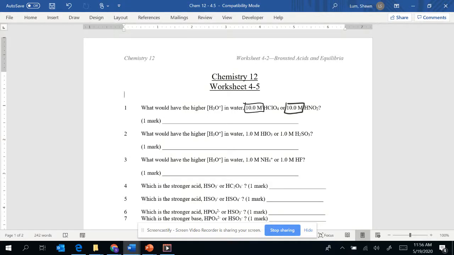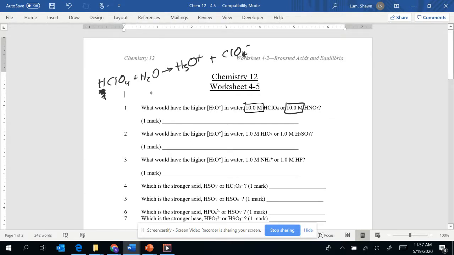Now, if you remember from the lesson, acids will go, so we'll take an example like HClO4 plus water. This hydrogen right here will break off and attach to the H2O and turn into H3O plus, and then you'll just have ClO4 minus.